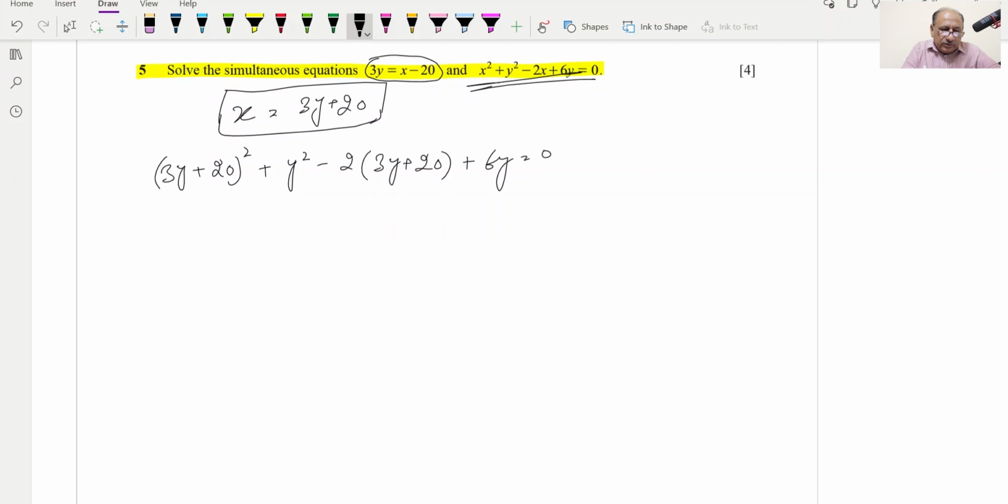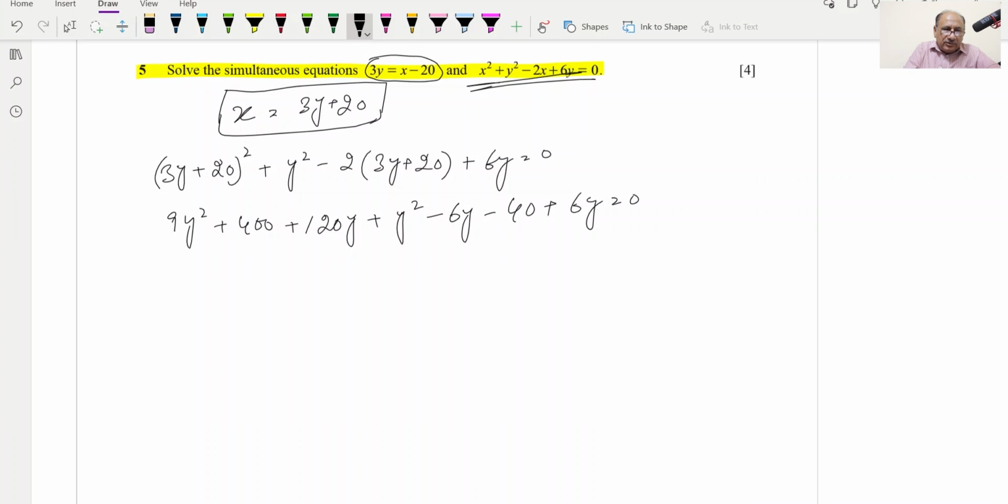We can open this square, so it will be 9y squared plus 20 squared, which is 400, plus 2ab, so 2 times 3 times 20 is 120y, and plus this y squared, and minus 2 into 3 is 6, so minus 6y, and minus 2 into 20 is minus 40, and plus 6y is equal to 0.